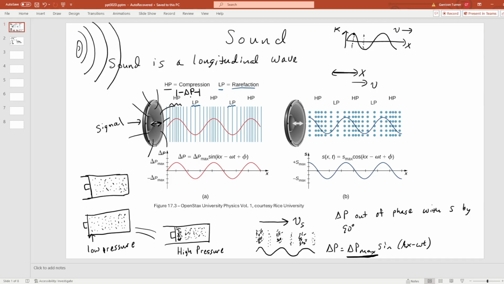So the maximum change between these two is the amplitude of your pressure wave. And it is true that the higher the amplitude of your pressure wave, the higher the amplitude of your displacement wave.